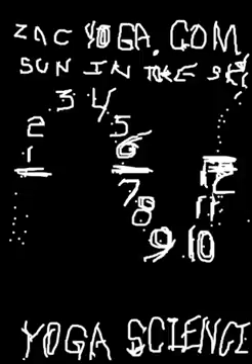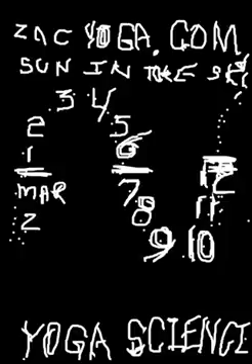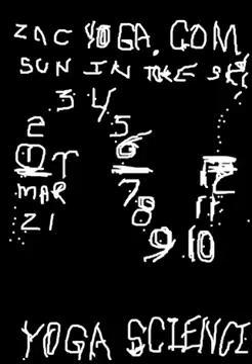So we'll start over here in March, March 21st. Number 1 is Aries. And the thing about Aries is, Aries is like the number 1.